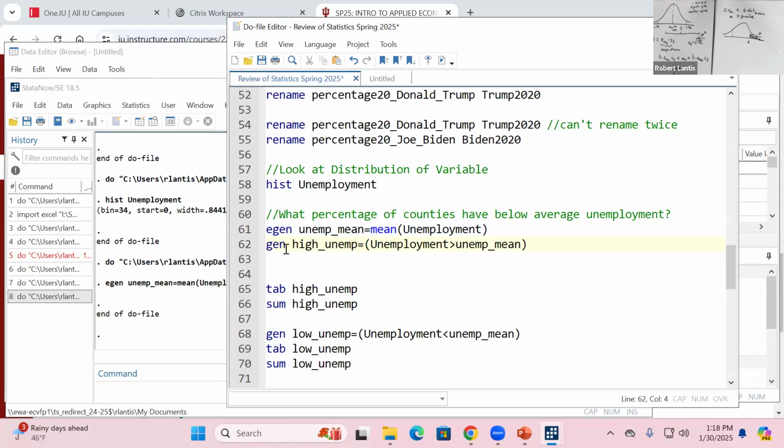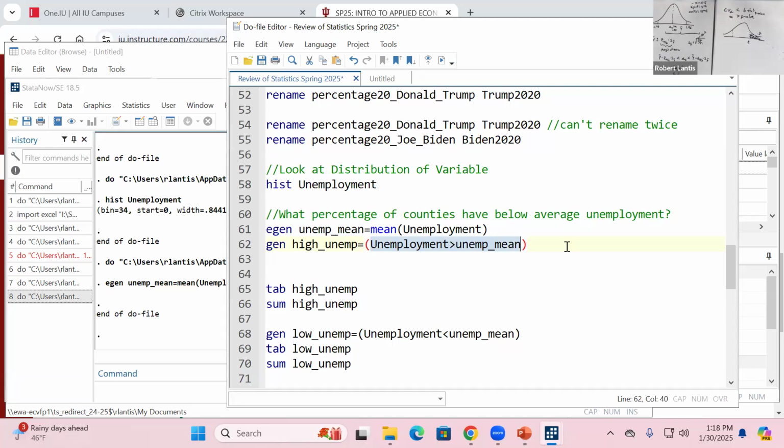So here in the second line, I'm creating this new variable called high unemployment. If you use this gen command, you create a new variable. If you put a conditional statement, like x greater than y, x equal to y, x less than y, but using variable names, you're saying: if this is true, so if the unemployment rate in that county is above the mean, which is this new variable I created, put a 1 in for this variable.